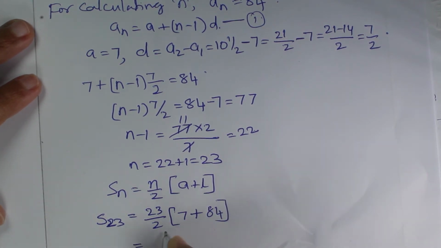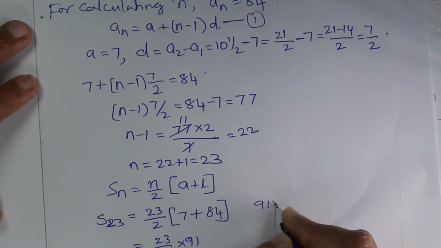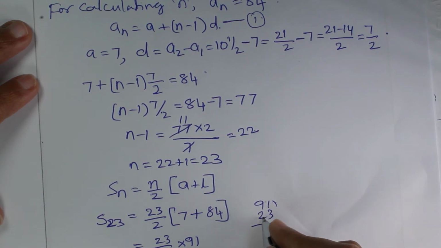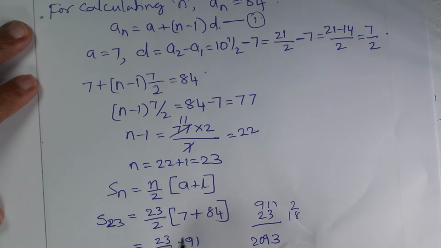That is equal to 23 by 2 into 91. That is equal to 91 into 23: 3 ones are 3, 9 threes are 27, plus 2 is 29, 9 twos are 18 plus 2 is 20, 2093 divided by 2.